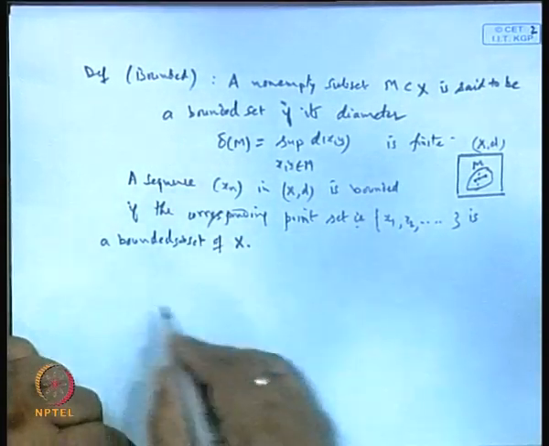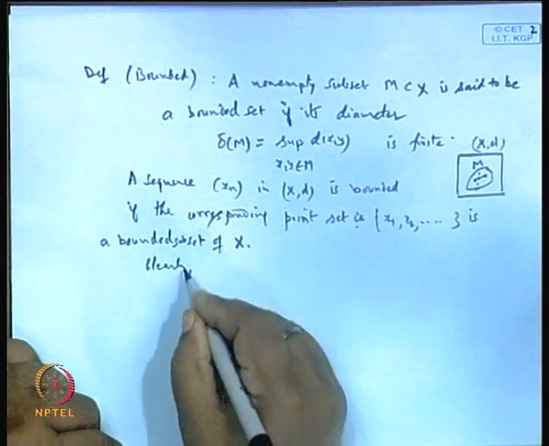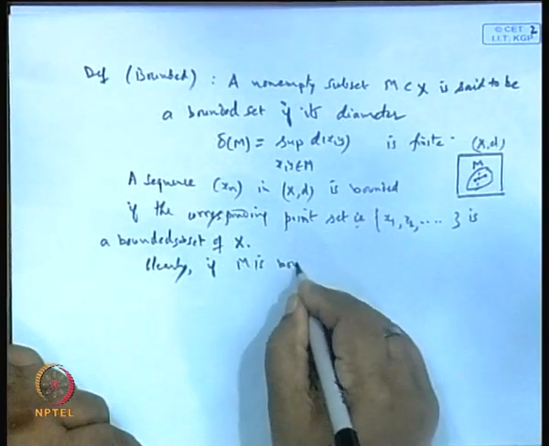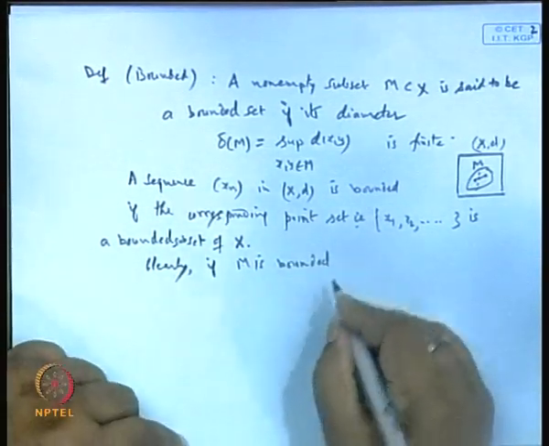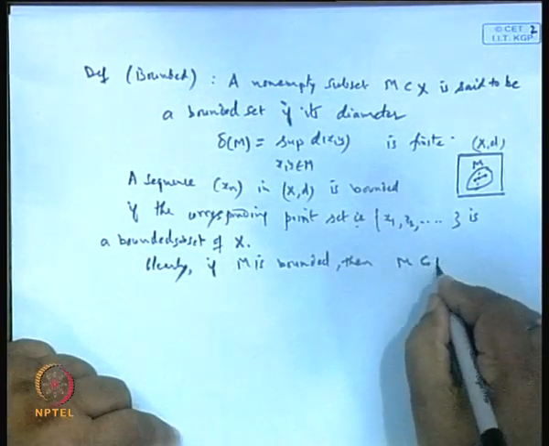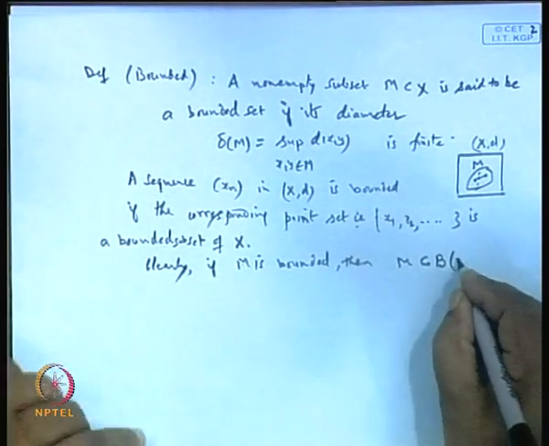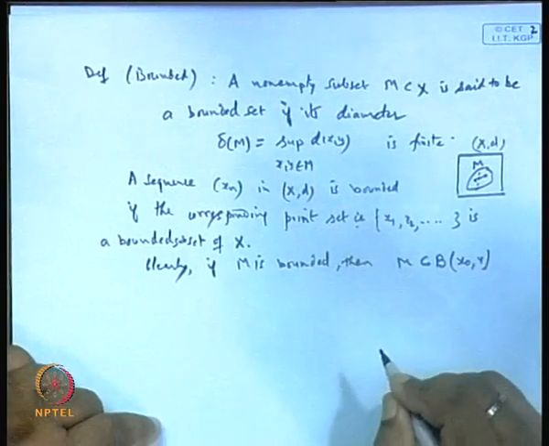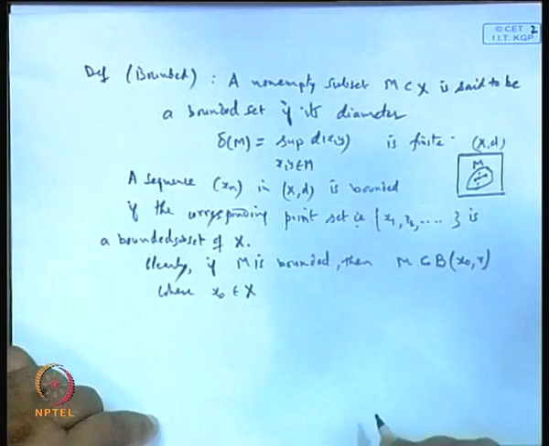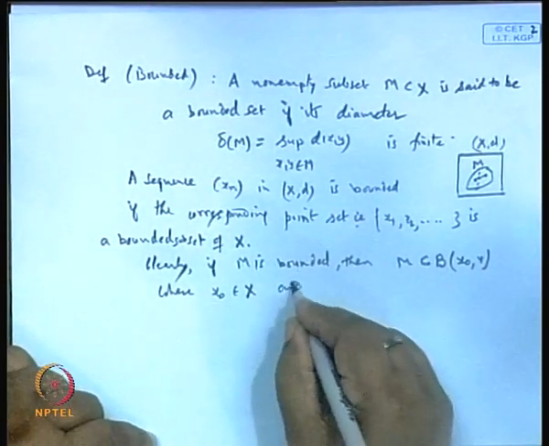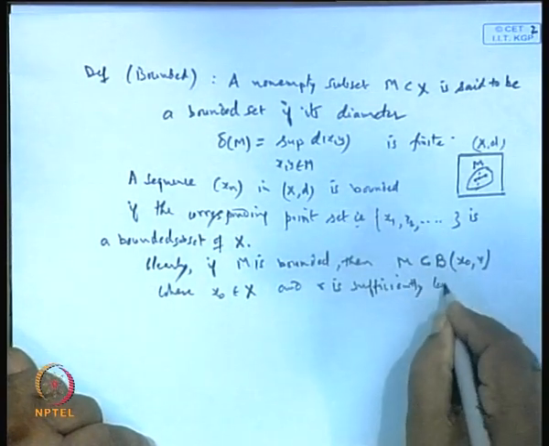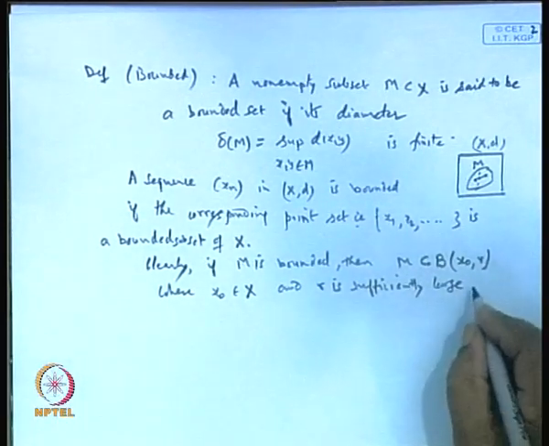So, basically what we get is, clearly, if a set M is bounded, then M can be contained inside an open ball centered at x_0 with a suitable radius r, where x_0 is any point in X and r is a sufficiently large real number.